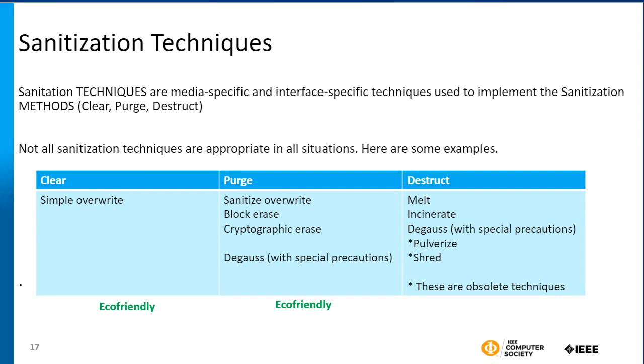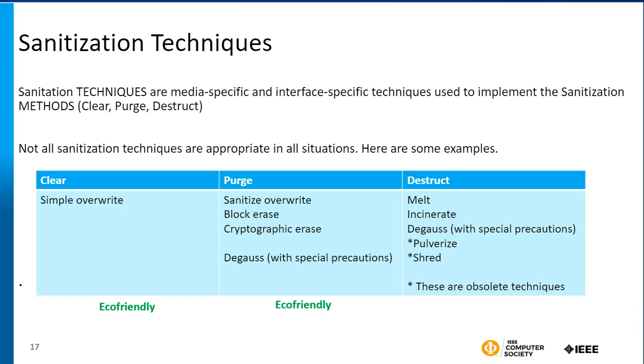Right, so this is another way of showing you that there are these other techniques under each one of these options. As you can see, the clear and purge are what we're tagging as eco-friendly. Ideally, you would be able to use one of those techniques to get rid of the data that needs to be eliminated.